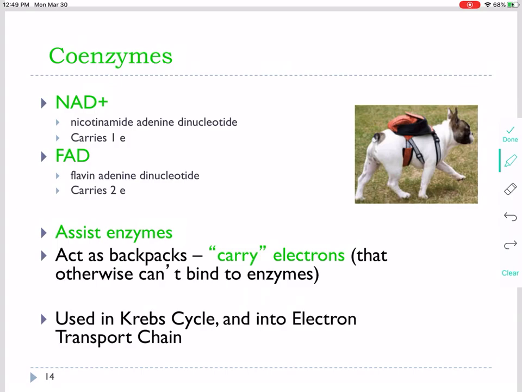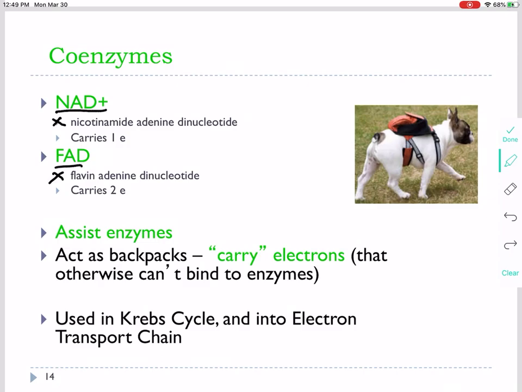In the process of cellular respiration, we're going to be talking about some specific coenzymes. Maybe you've seen these before and you wanted to vomit: NAD plus and FAD plus, nicotinamide adenine dinucleotide, flavin adenine dinucleotide. I know, it makes me nauseous too. But you don't really have to know the big fancy name of the chemicals.